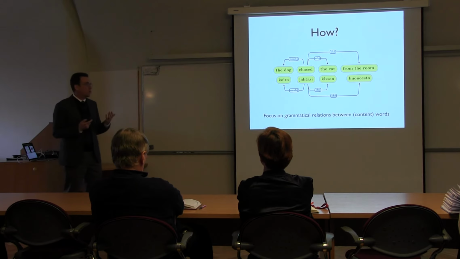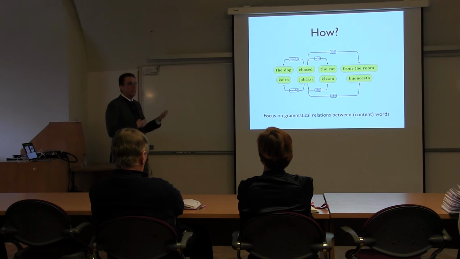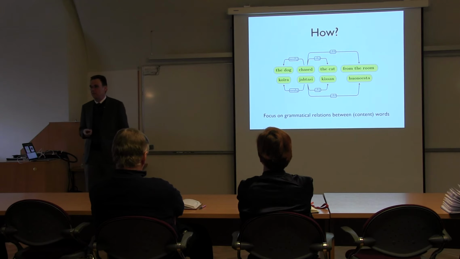But at some level of abstraction, we can say that the English and the Finnish sentence have the same structure. There is a main predicate, which is a verb, and there is a subject, an object, and a locative modifier, or oblique, as UD would call it.